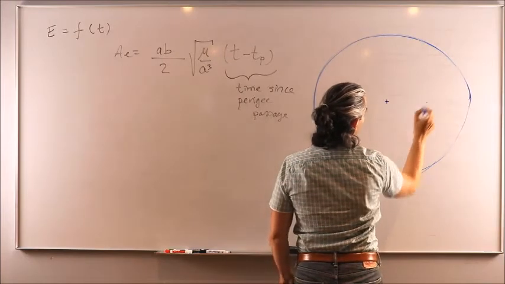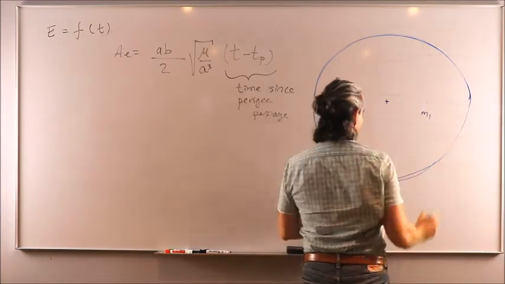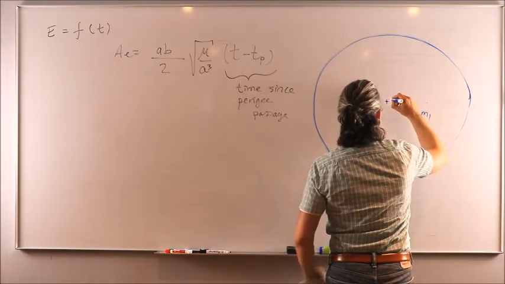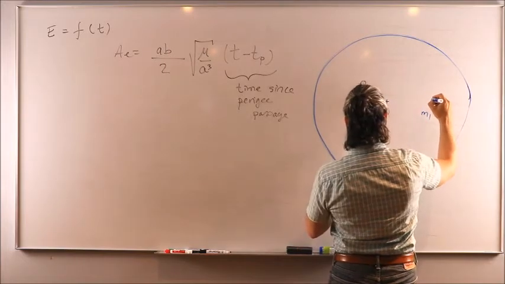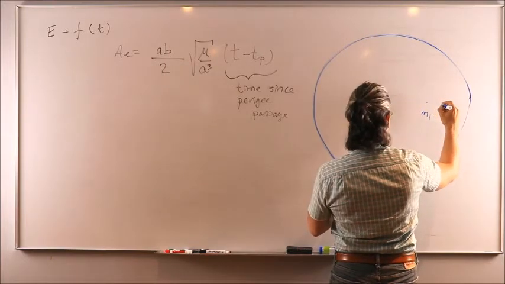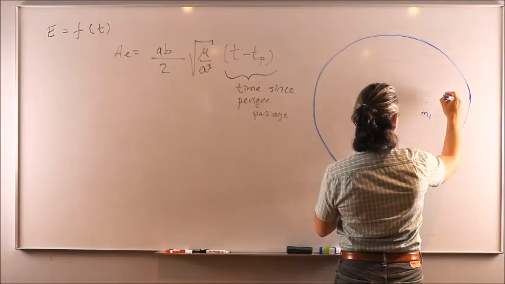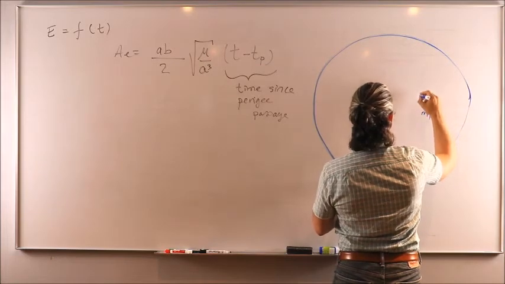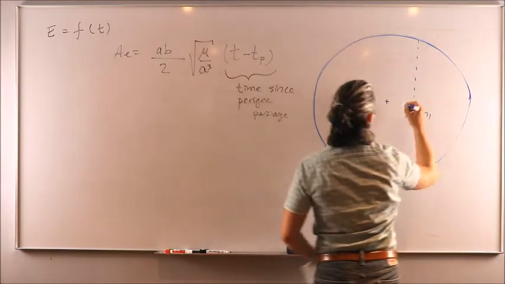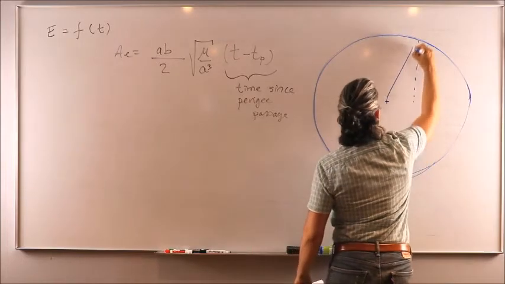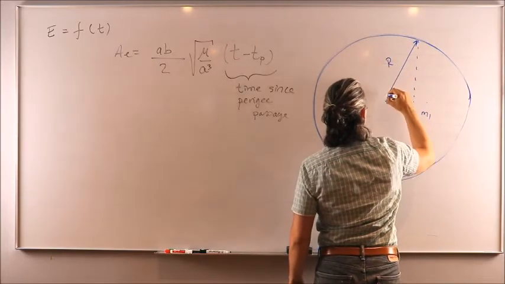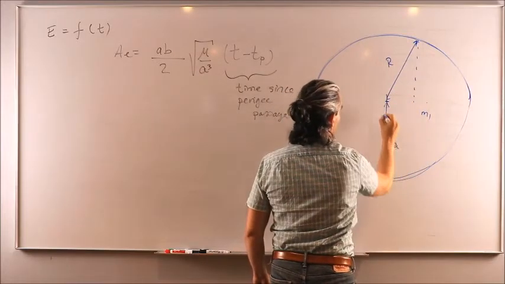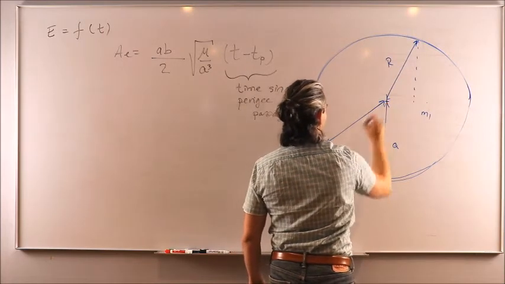We have a focus here where M1 is the planet. Let's say the spacecraft happens to be... I'll try to avoid the ellipse to not clutter the diagram too much. So this is R, which is the same as the semi-major axis A from before, because this is a circle.